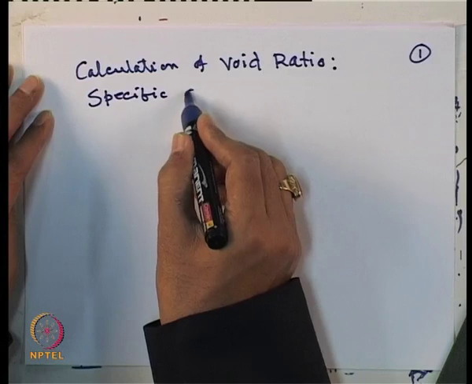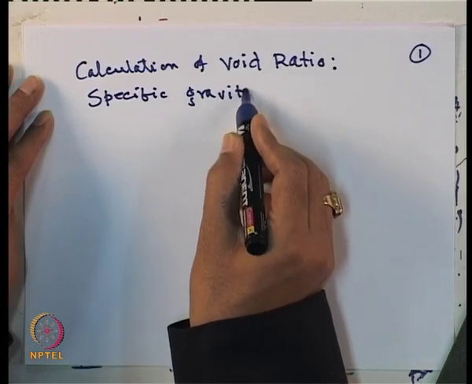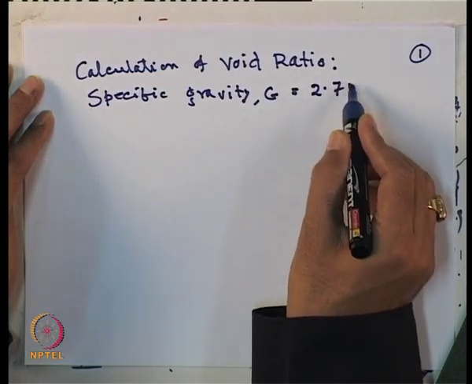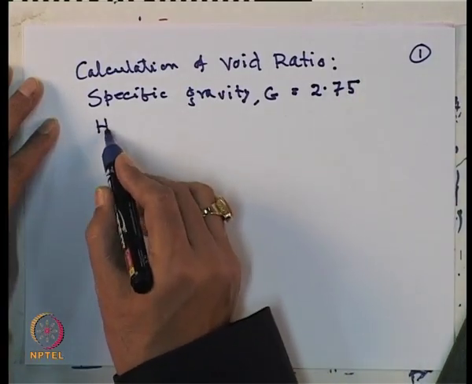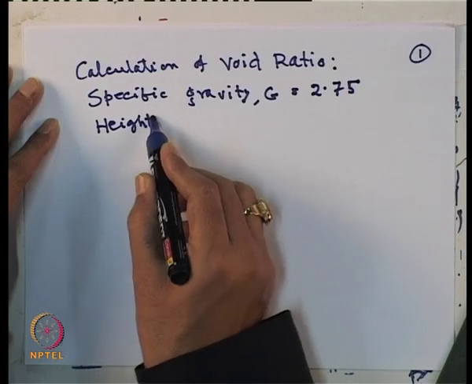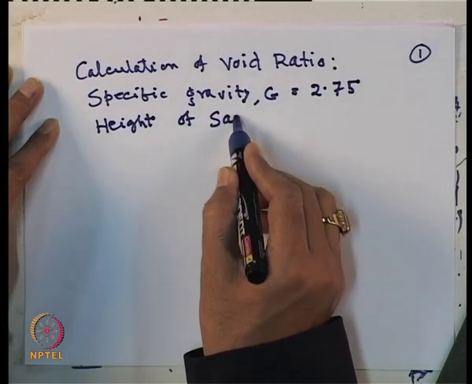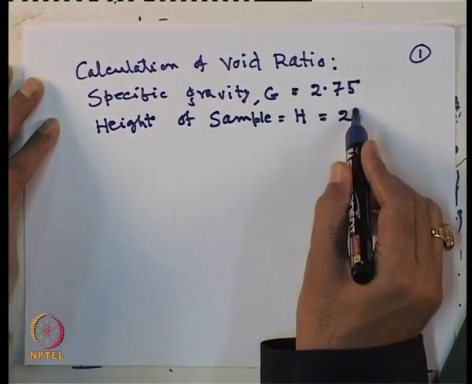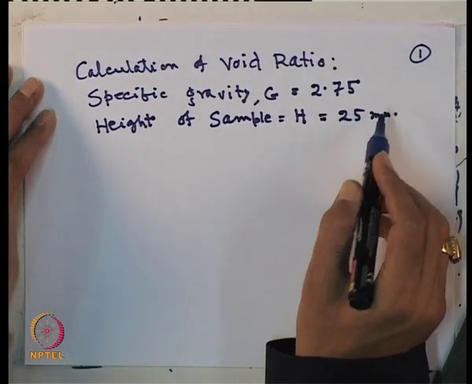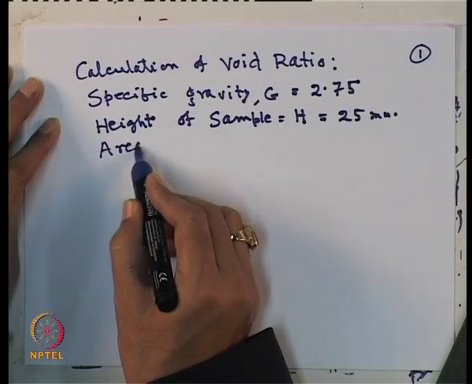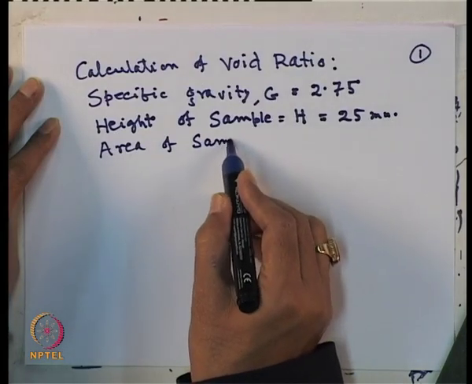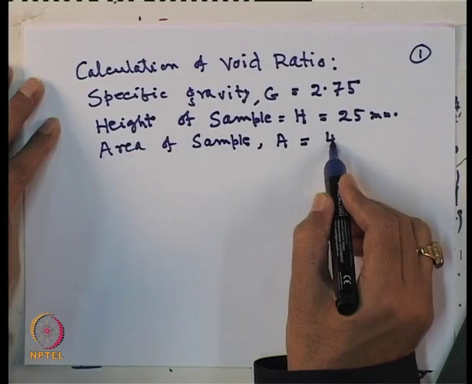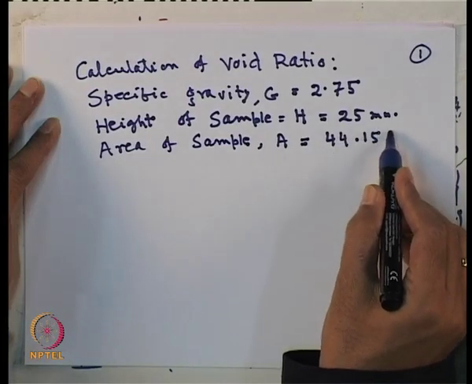So, let us say the specific gravity of soil is G equal to 2.75, and you know the height of the sample in a consolidometer, let us say h is equal to 25 millimeter. Then the area of the sample, designated as A, is equal to 44.15 centimeters square.